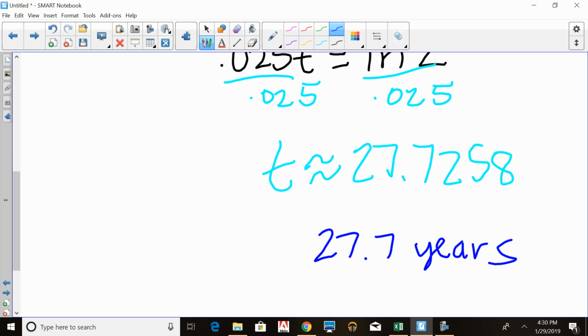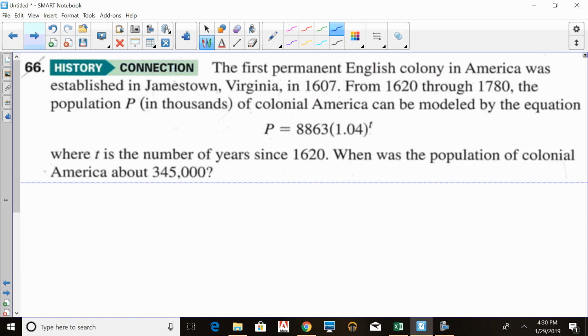Now, if you want to get more technical, if you take the 0.7 and times that by 12, that'd be 27 years and 8 months. If you want to get it in days, you can do that as well, but we'll leave it as 27.7 years.